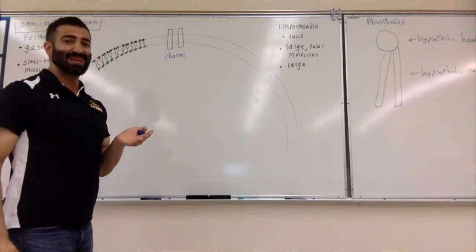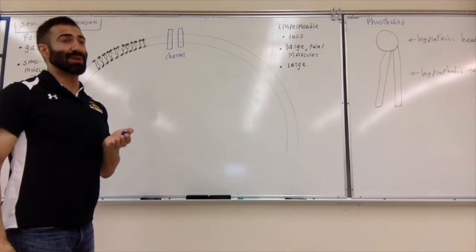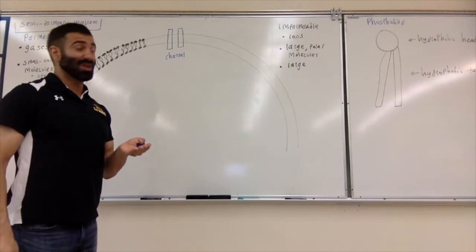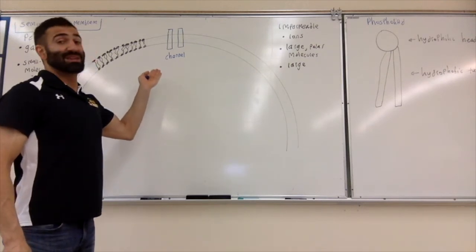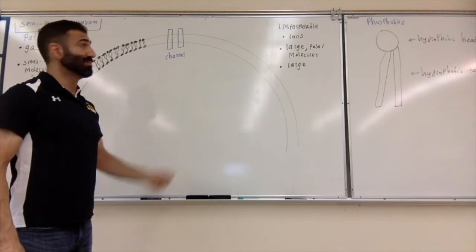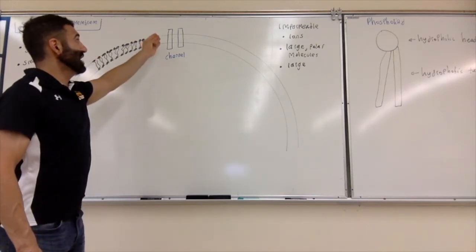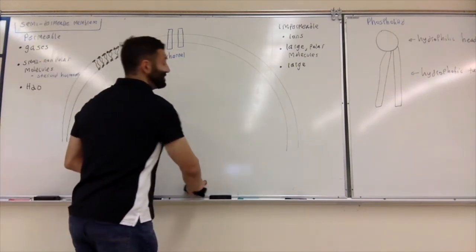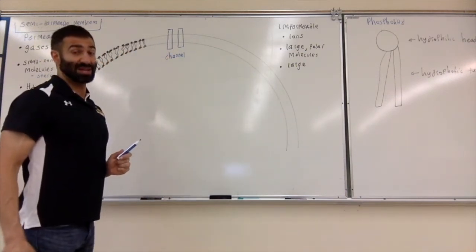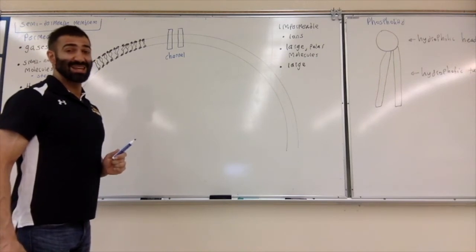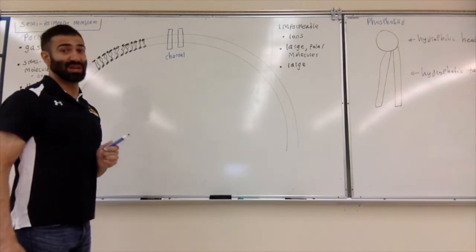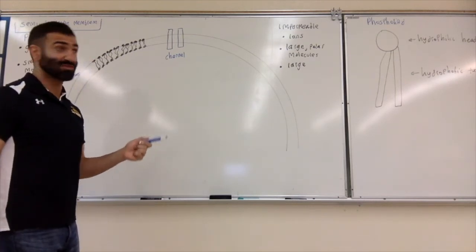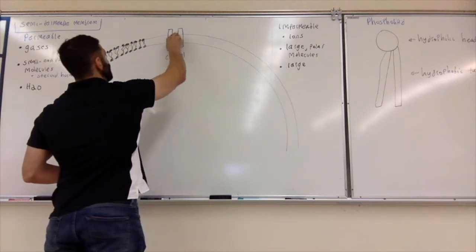And I guess an example would be a tunnel in a mountain. You cannot pass through a mountain unless there's a tunnel there. Well, it's the same thing in the cell, except in the cell it's called a channel. So the channel goes through the cell membrane, and it allows for a specific type of molecule to pass through. Not just any molecule, it has to be a specific one. Like there's channels for sodium ions, there's channels for potassium ions, there's channels for water. So channels have to be specific.